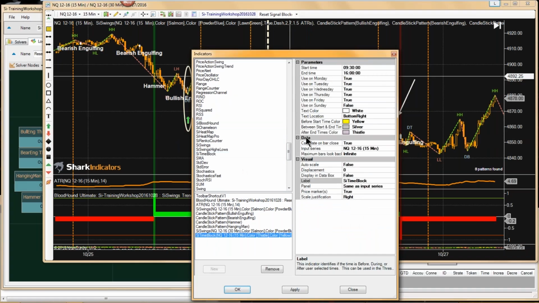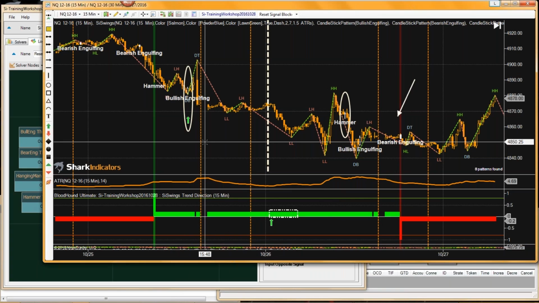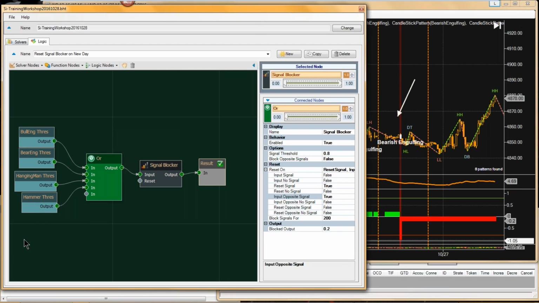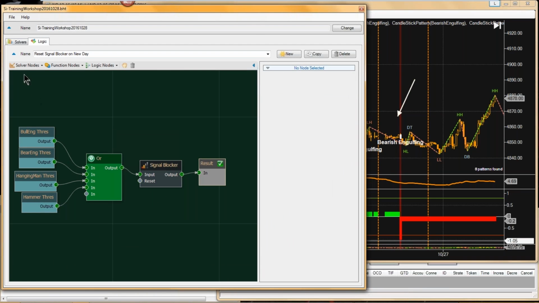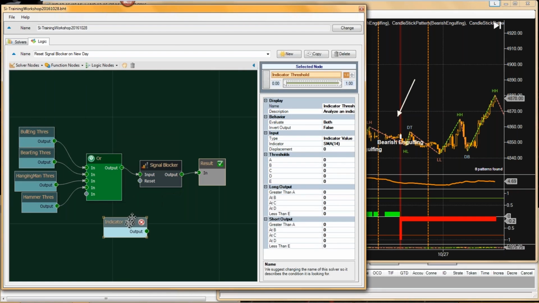The time block indicator has a start time and an end time, which we could use, but actually we don't even need to use that. There's a built-in function to that that doesn't have any settings. So we're going to use that time block indicator in the threshold solver.